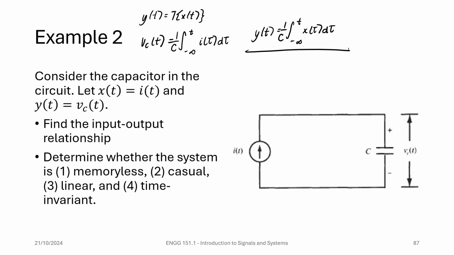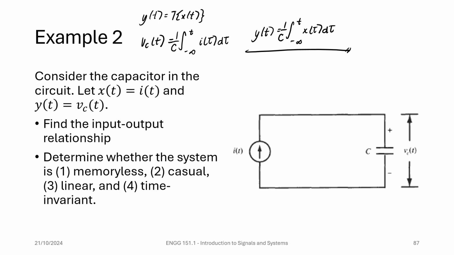This is the relationship of the input and the output, since we replaced them with x of t and y of t. The t is represented in tau because of the boundaries. Now let's determine if this is memoryless, causal, linear, or time invariant. For the first one, it is seen that the output y of t is dependent on the past and the present.